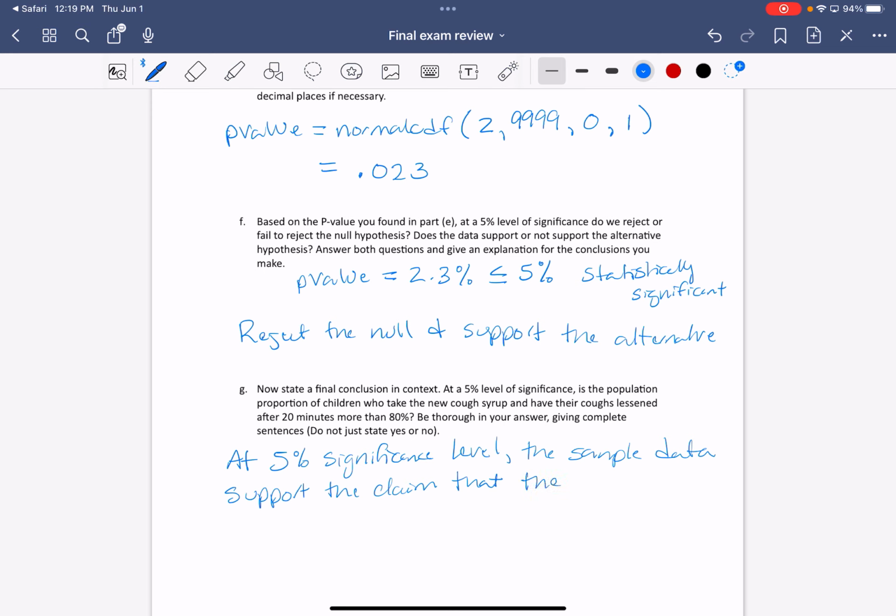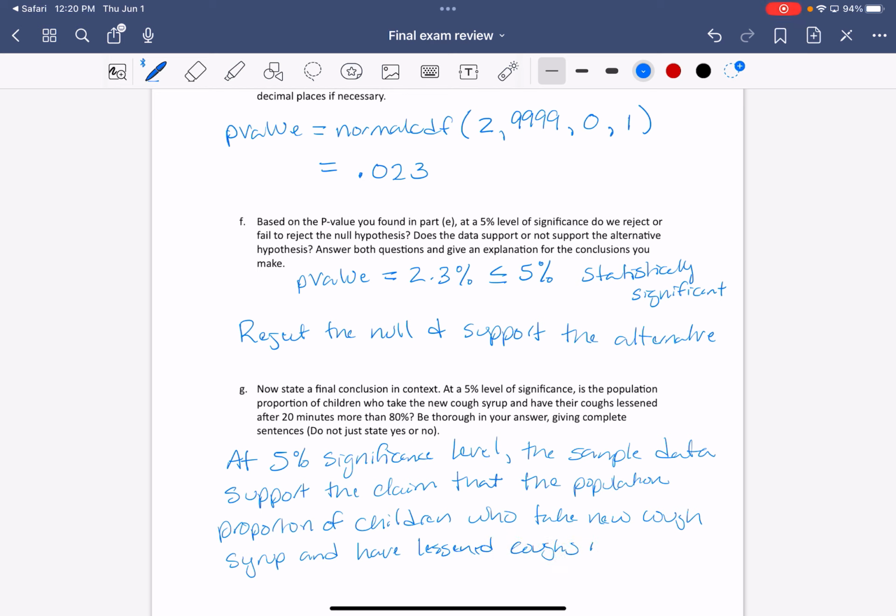the population proportion of children who take the new cough syrup and have lessened coughs is more than 80%.